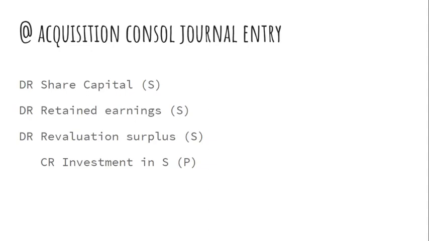This would typically be your at acquisition consolidation journal entry, where there's no non-controlling interest. So that implies that the parent obtained 100% interest in the equity of the subsidiary, and together with that, the consideration that the parent was willing to pay for his investment, the value of the investment, would be equal to the proportionate share of the net assets of the subsidiary at acquisition date, which is represented through the total equity at acquisition date.